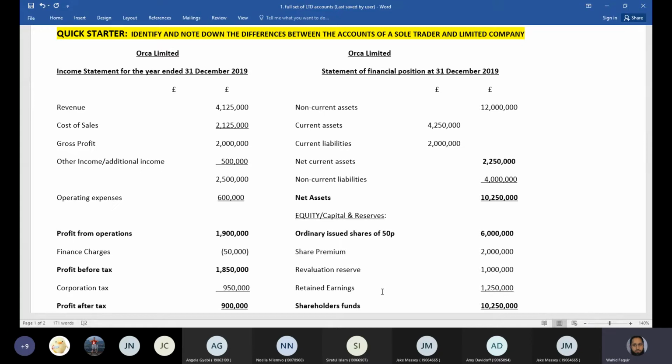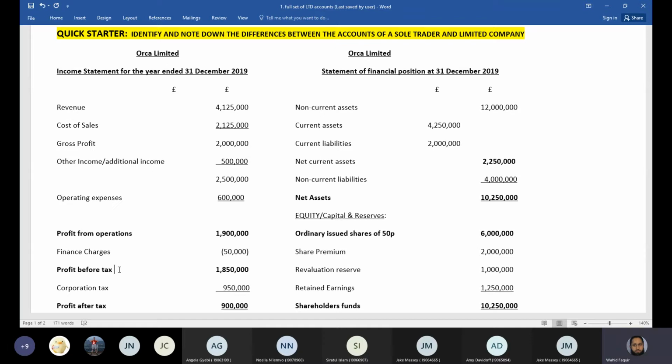Any questions? Again, Jake asked a very good question about profit before tax. Is that essentially the same as net profit? And we said, yes, it is, but beware. We'll do more detail on that in a topic in a few weeks' time. Anything else? Please be inquisitive.